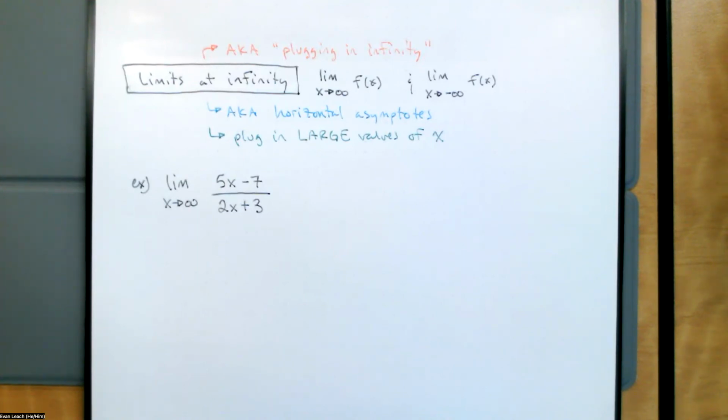When x has a small value, that minus 7 and the plus 3 are pretty important. When x is only 1, that negative 7 is a big deal. So we have 5 times $1, and you owe someone $7.